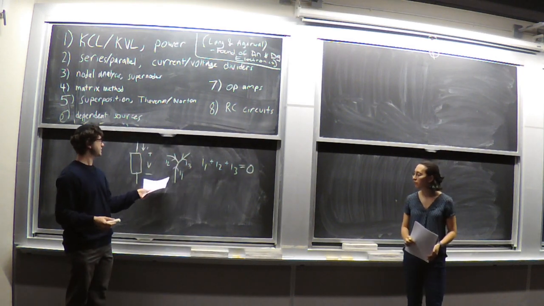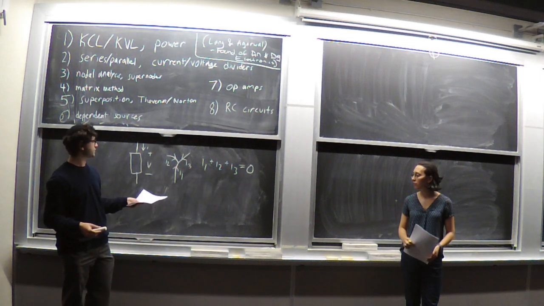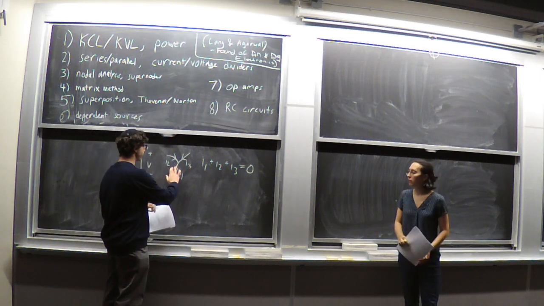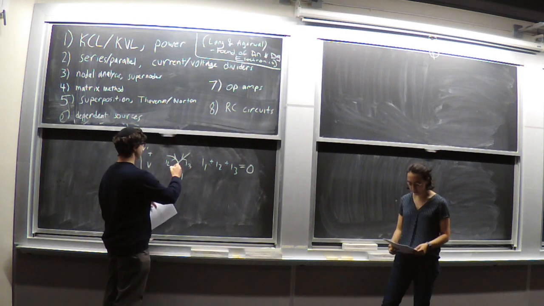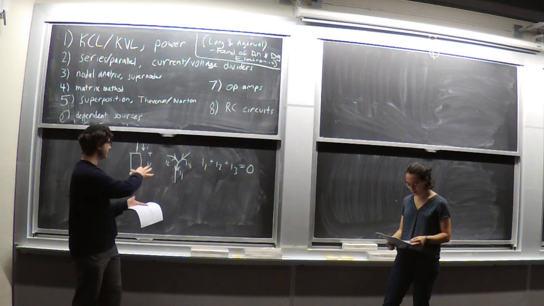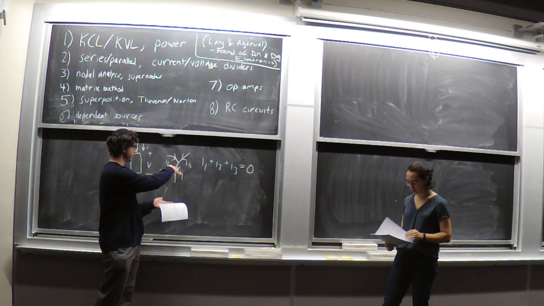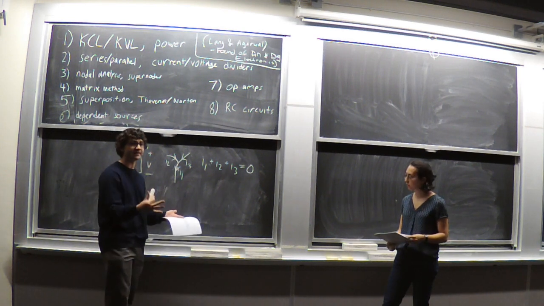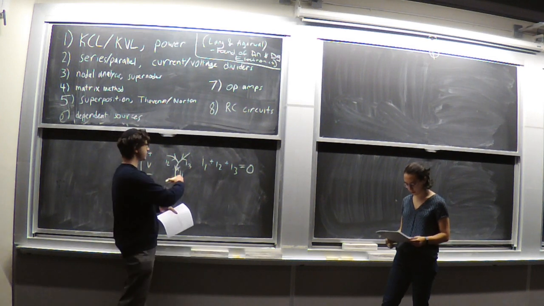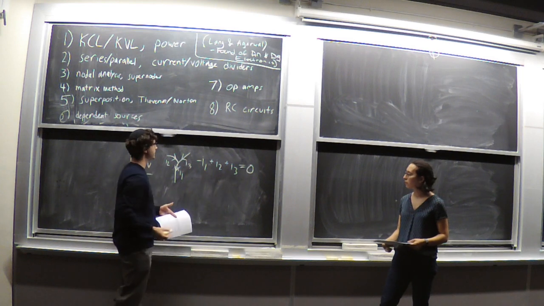And of course, that's only going to work because all three of those currents are pointing in the same direction. So if we were to reverse the direction of I1, say, physically nothing changed in the circuit. We've just labeled this circuit with these three different currents, and we've just defined them to be going in certain directions. Physically nothing's changing, but in terms of our equation, we now need a minus sign in front of I1.